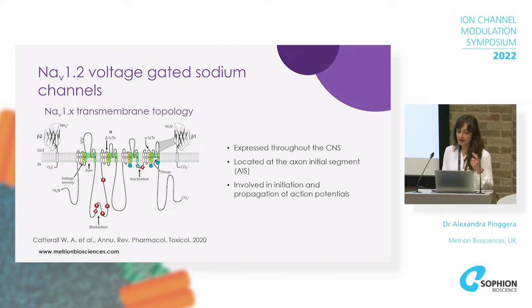NaV1.2 is widely expressed in the CNS. It's predominantly localized to the axon initial segment, and especially at early developmental stages it's responsible for action potential initiation. At later time points, this role is taken over by NaV1.6, and NaV1.2 then plays a predominant role in the propagation of action potentials.